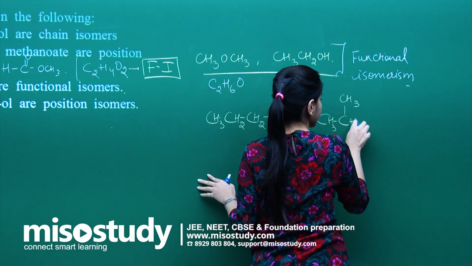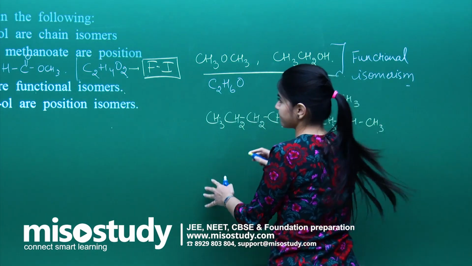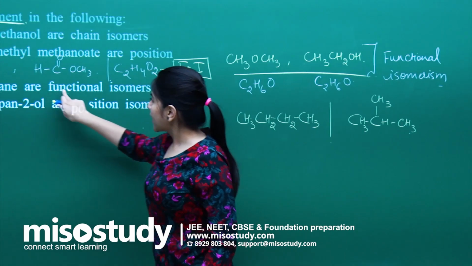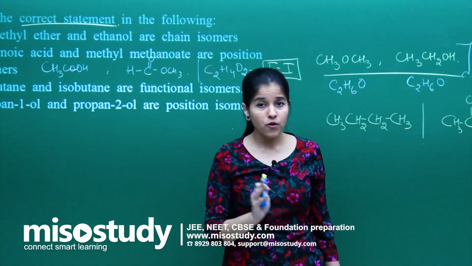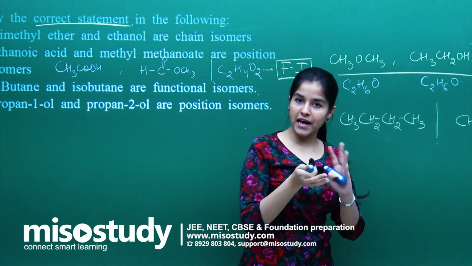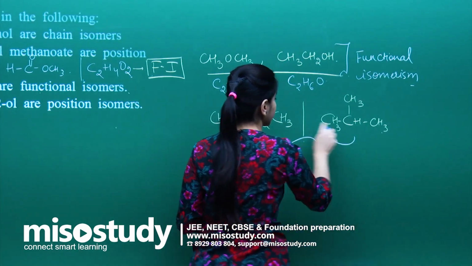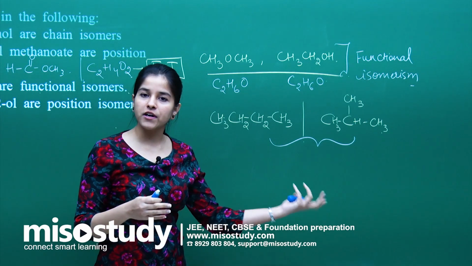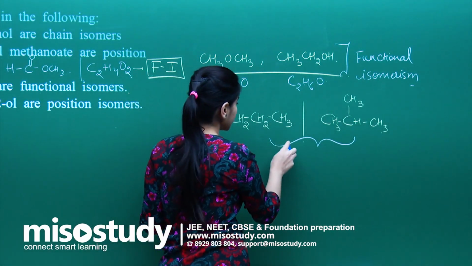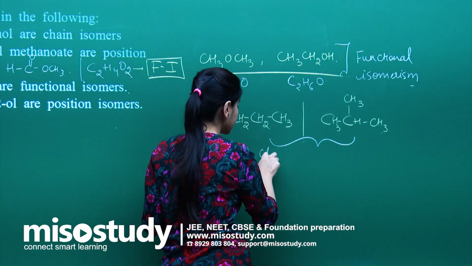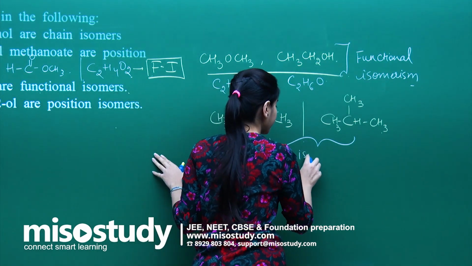That is isobutane. n-butane and isobutane are functional isomers. Is it so? If you see, the chain has been changing. So it is nothing but the chain isomers, not the functional. Because here there is no kind of a functional group or a double or a triple bond present. So this is chain isomers.